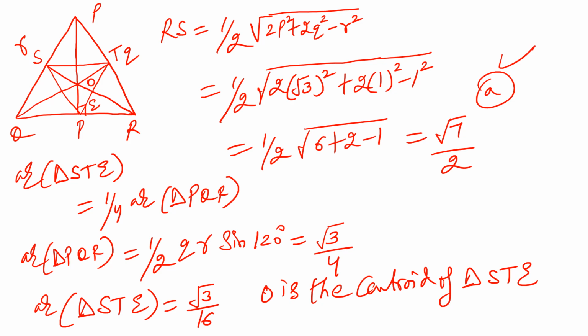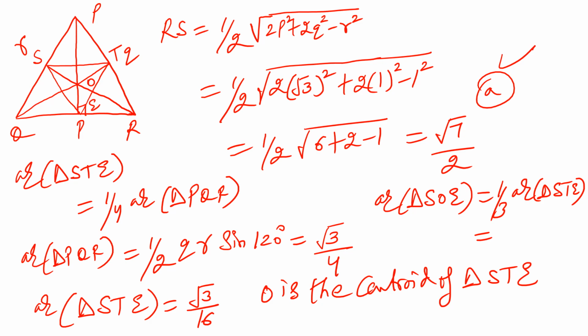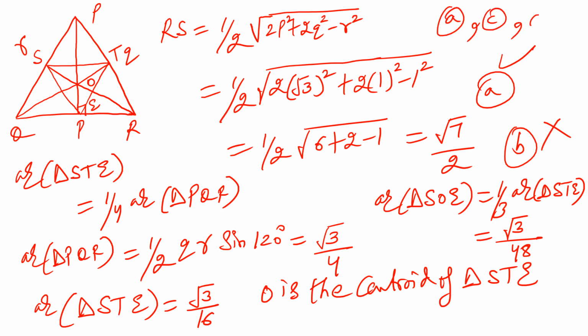That means area of triangle SOE will be equal to 1/3 of area of triangle STE. Fine. Now area of triangle STE we have already got as root 3 by 16. So it means root 3 upon 48 is the area of triangle SOE. But in the option it is given as root 3 by 12. So that means option B is wrong. So hence right options are A, C and D.